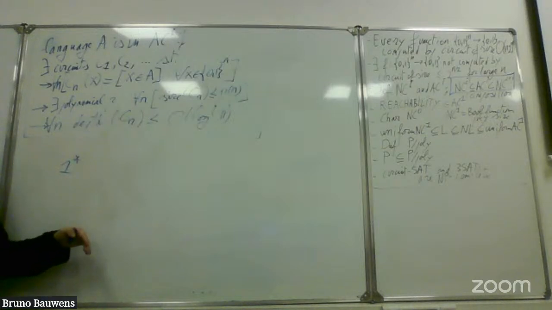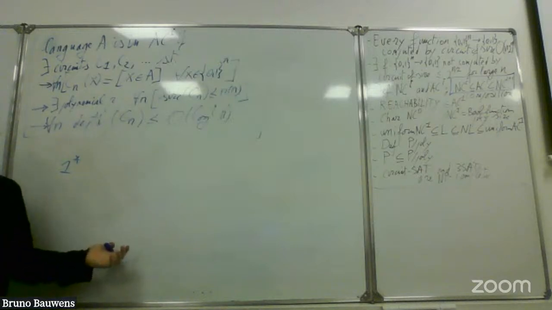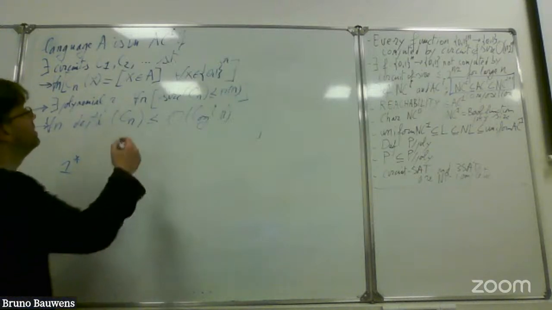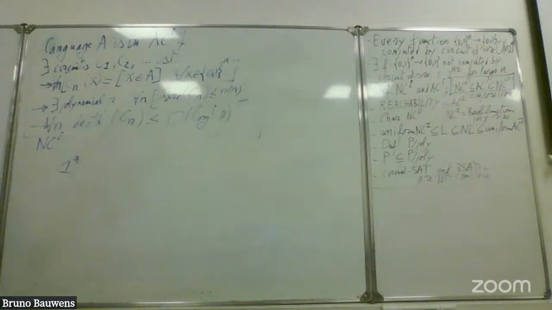What does the letter A mean in AC? The N in NC comes from Nick Pippenger, who worked on computational complexity a long time ago.